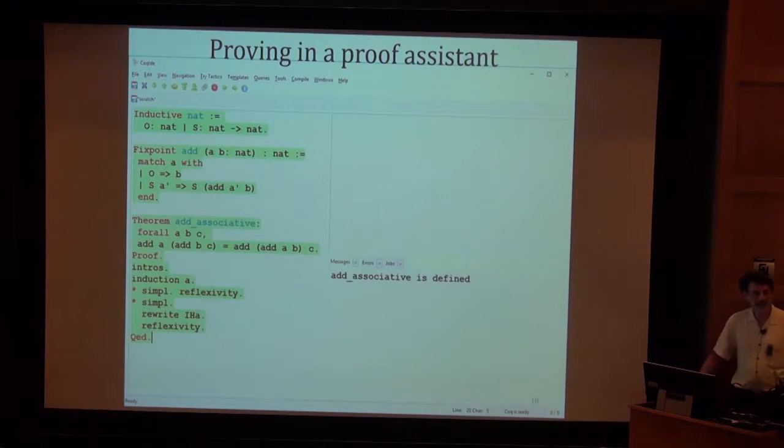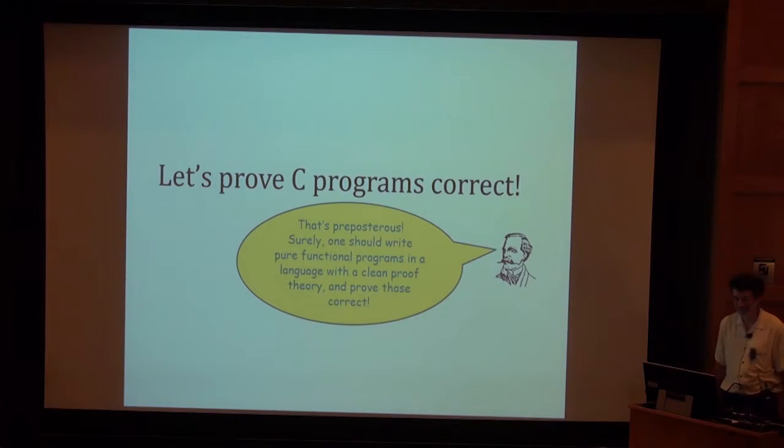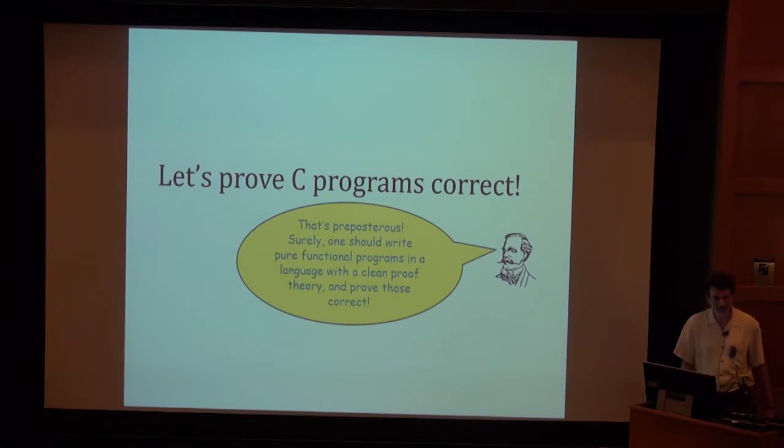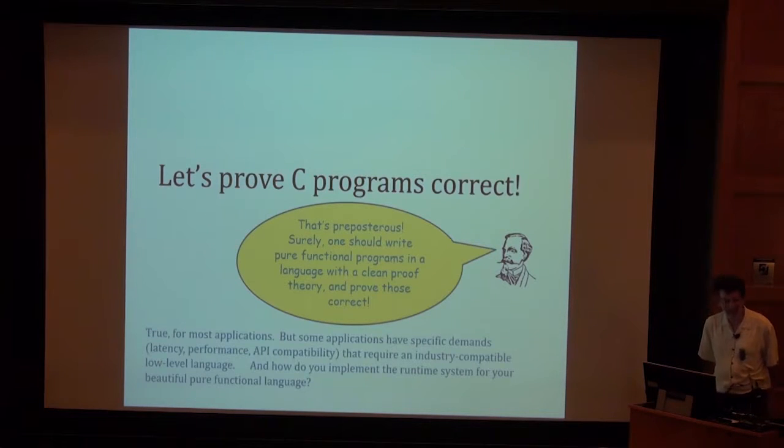So that's nice. Proving programs correct in Coq is easy, but let's prove C programs correct. Well, that's preposterous. Surely one should write pure functional programs in a language with a clean proof theory and prove those correct, which is true most of the time, right?